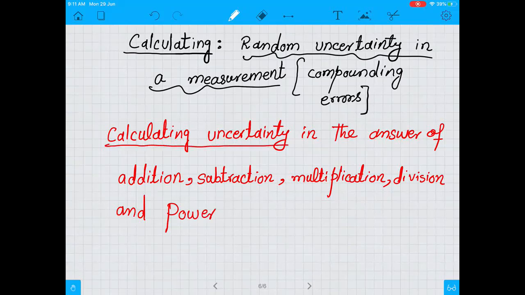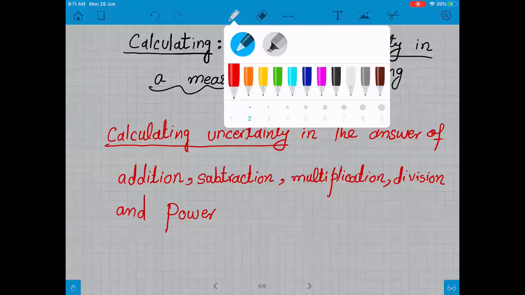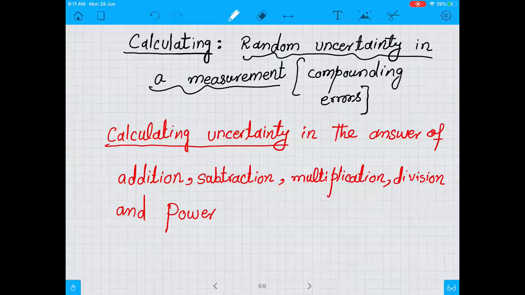And one thing, we always correct the systematic error, and the random uncertainty is there that will continue. So you should know that we never calculate systematic error in plus, minus, multiplication, division, because the systematic error is already corrected. When you calculate a reading, you always correct the systematic error. It is not to be continued.